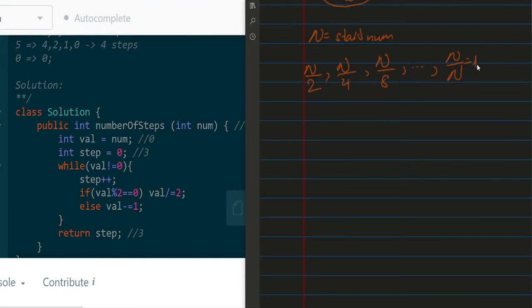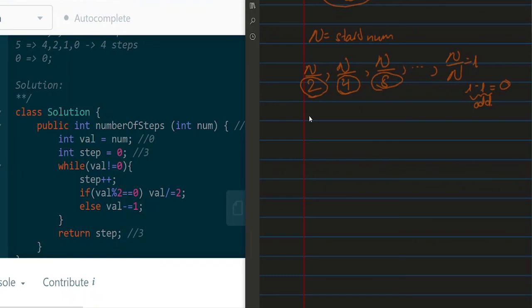And then the next step would be 1 minus 1 to be 0. So this is like the odd operation that we were talking about, but we just care about the even operation for now. We would quickly observe that the denominator is the exponents of 2.